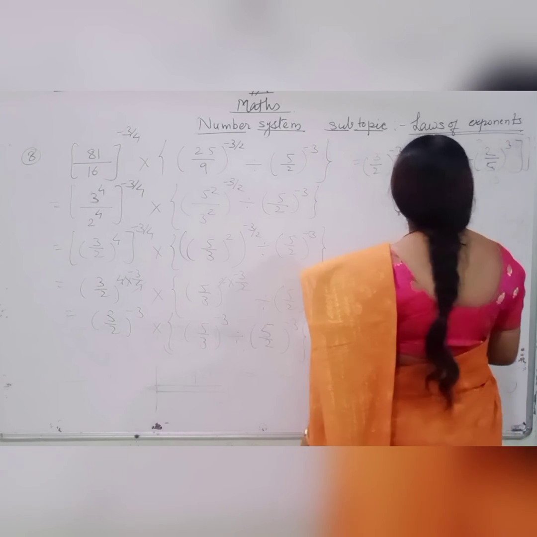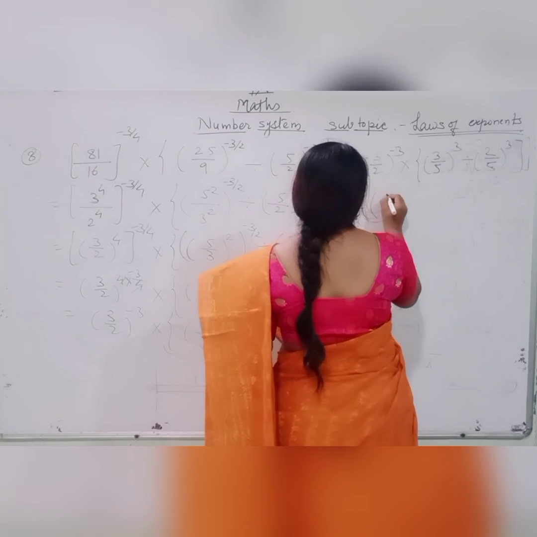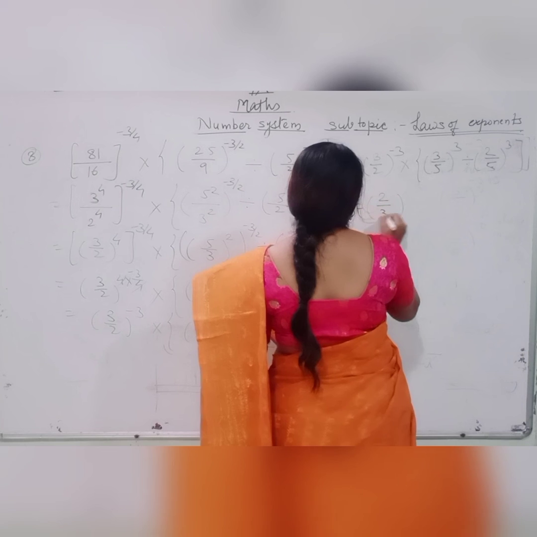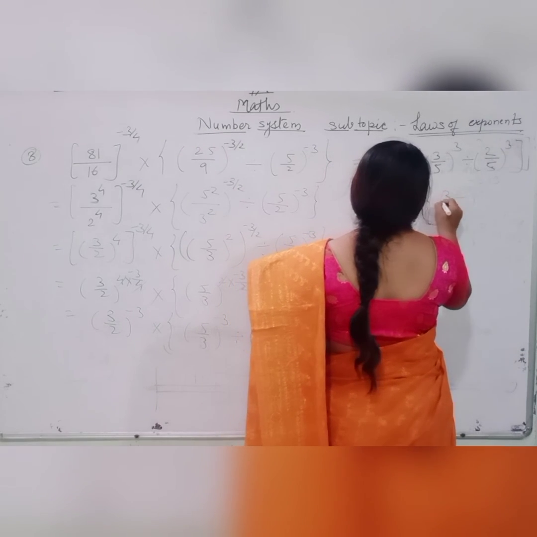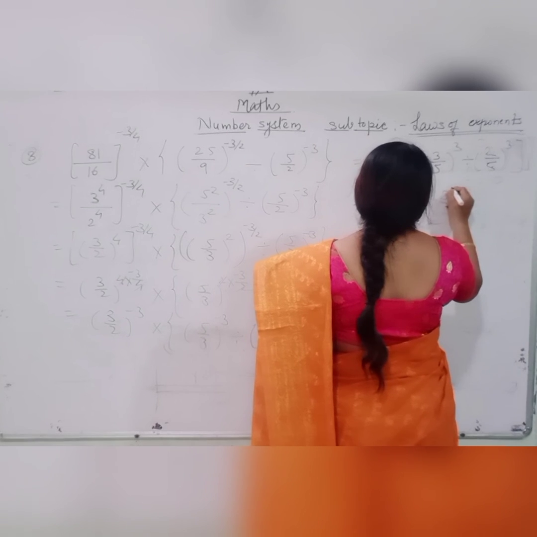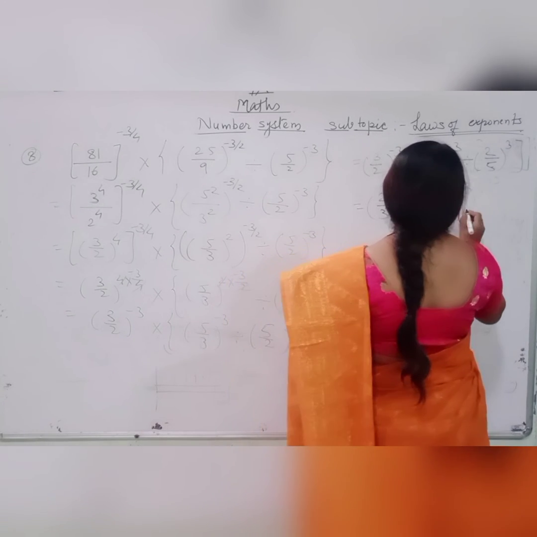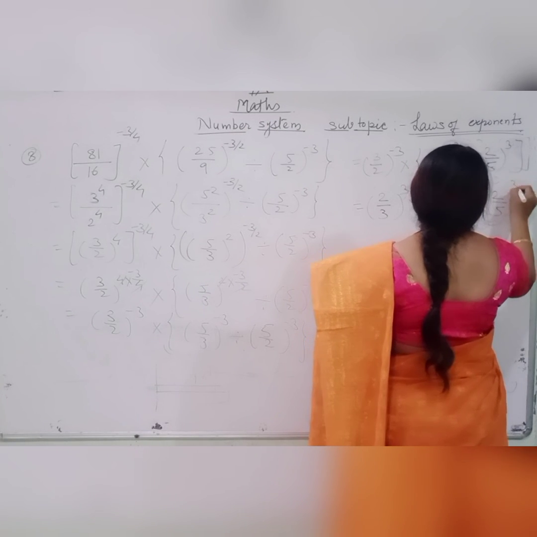Okay, that means what? 3 by 2 means you can write (2 by 3) raised to the power 3, multiplied by (3 by 5) raised to the power 3, divided by (2 by 5) raised to the power 3.